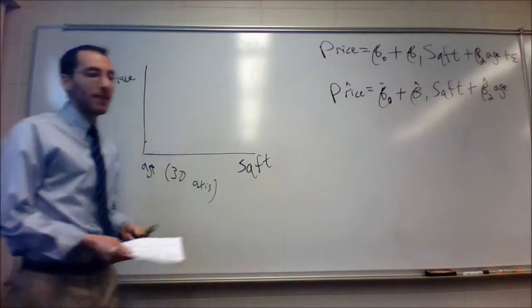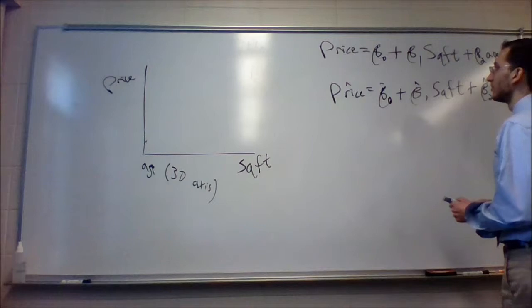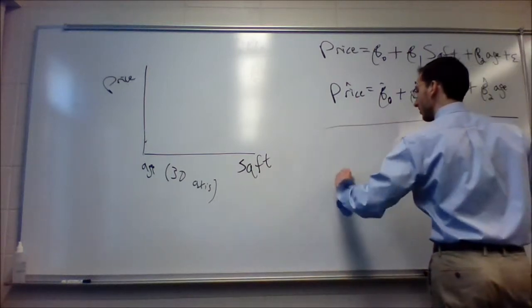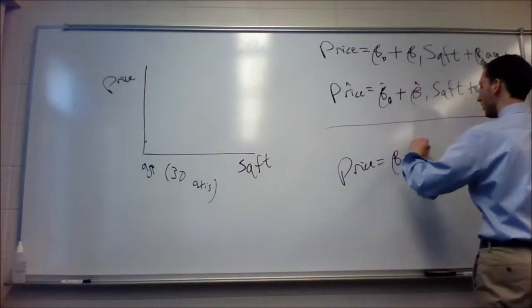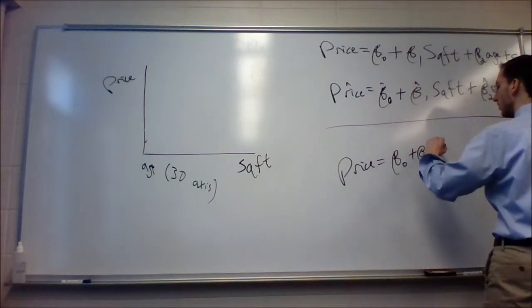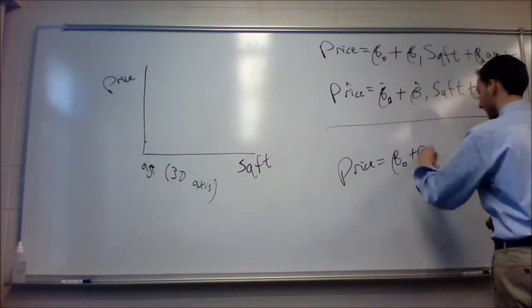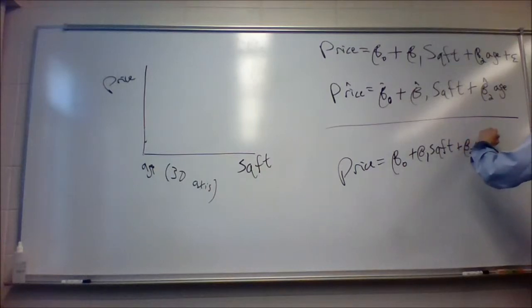There's nothing to show you after that because let's say I added in another variable. Say I added in beta 0, beta 1, keeping this like before, square feet, plus beta 2 age, plus beta 3, we'll just say number of bedrooms, plus air.